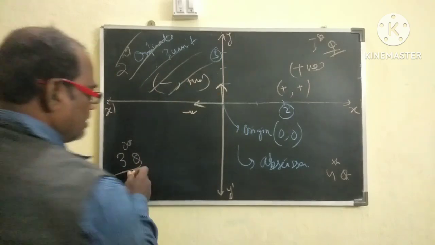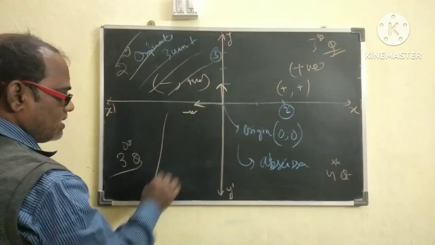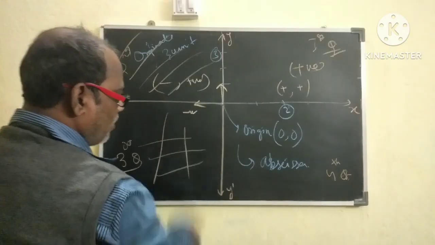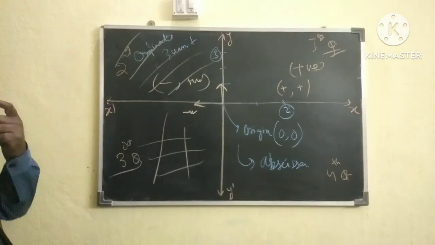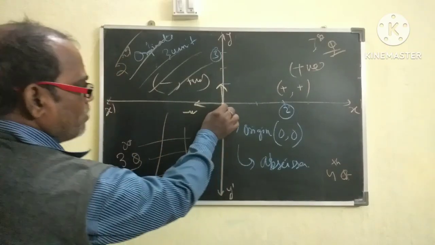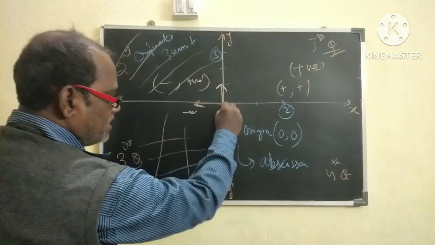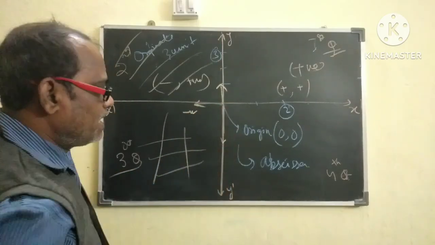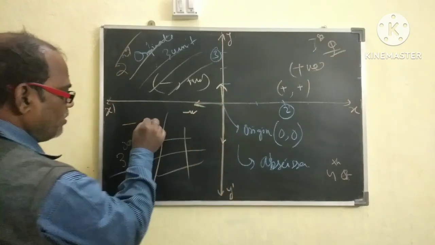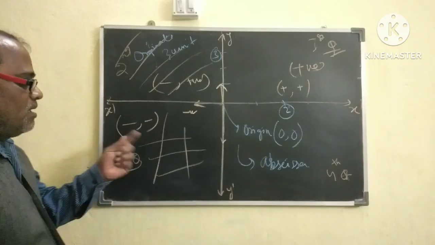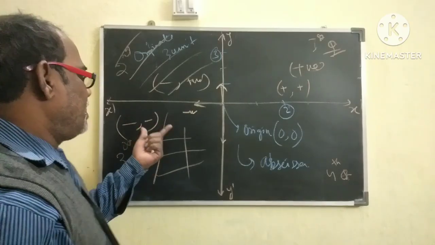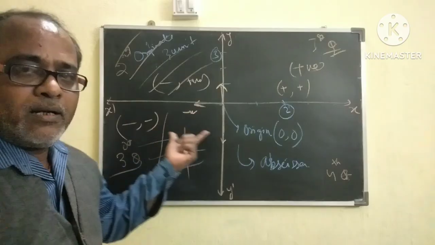Now regarding the third quadrant, the third quadrant lies in this portion. So what is the location of any point here? Towards this side it is negative and towards this side it is also negative. So here both will be negative, that is, the signs of the x and y coordinates are negative.